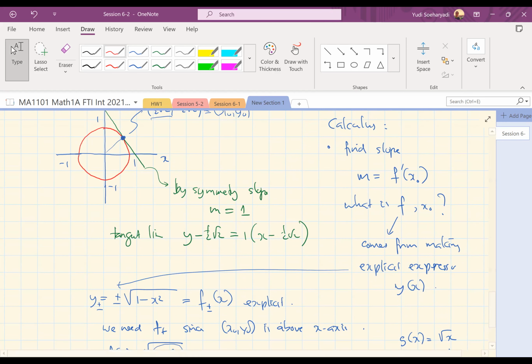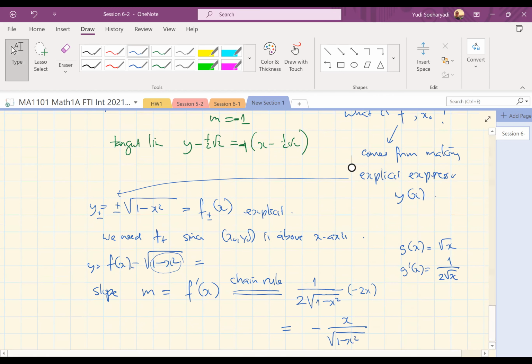I forgot the sign here. You see that this is decreasing, so it cannot be 1. Right? So what should it be? Minus 1. All right, good. Minus 1. Okay. So let's compute this one.